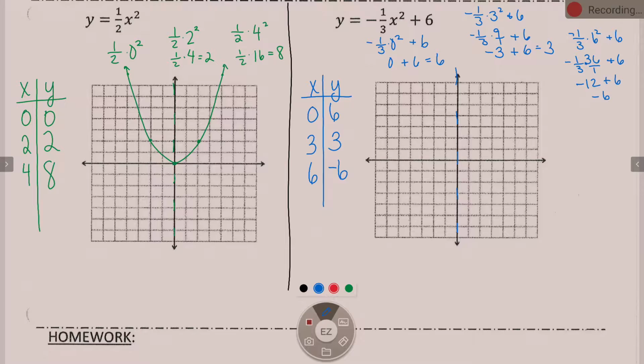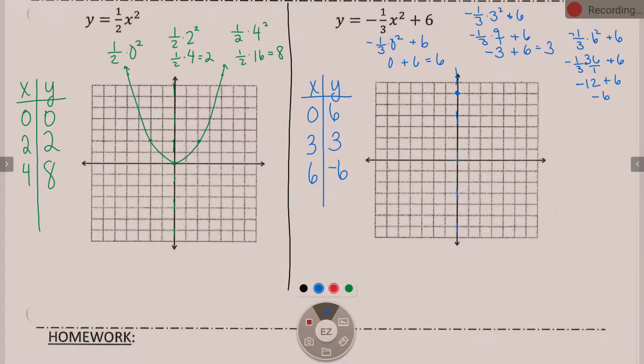Well, notice, here's the deal. My past 3 parabolas have all had a 0, 0. Oh, yeah. Now I have a 0, 6. So what that means is my parabola just moved up 6. It's no longer centered at 0, 0. If it was a minus 6, my parabola would have moved down 6.